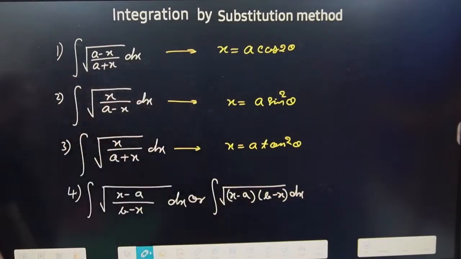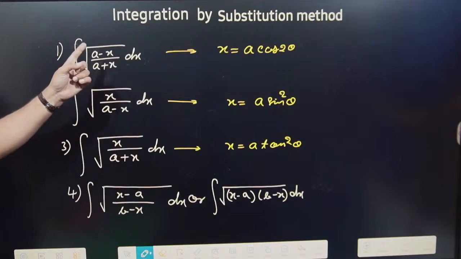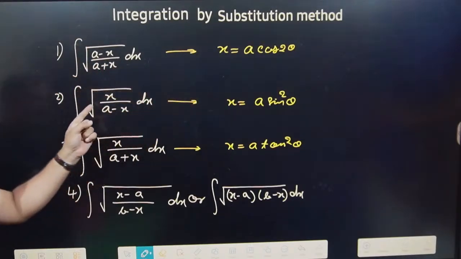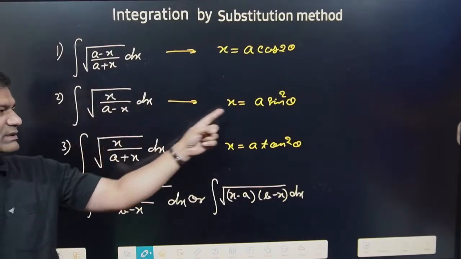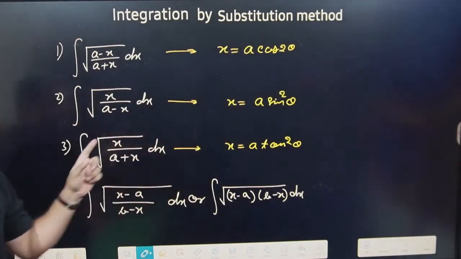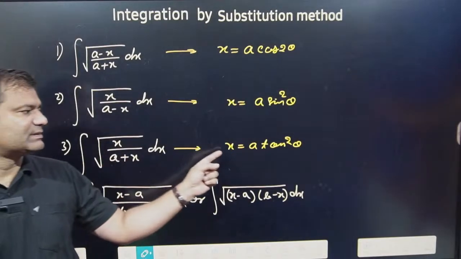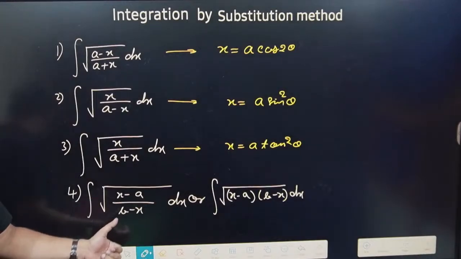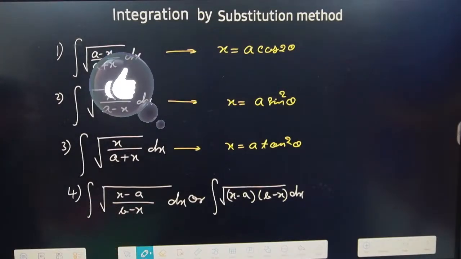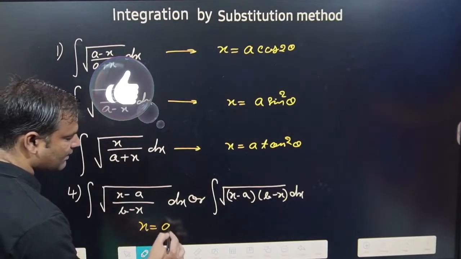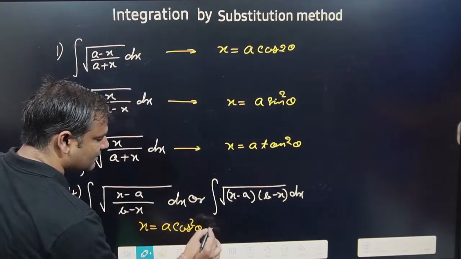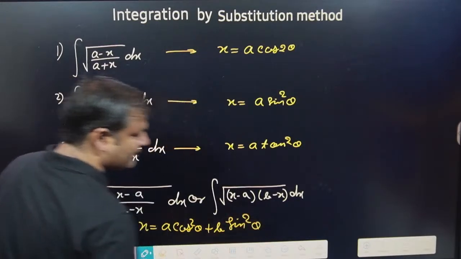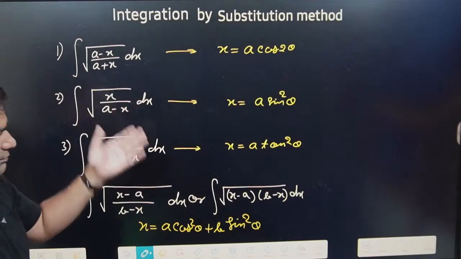Okay. Put simply, if this type of problem is given, simply take x equal to a cos 2 theta, and here if this type of problem is given, then always consider x equal to a sin square theta, and if this type of problem is available, then x, consider a into tan square theta, and if this type of problem is available, then always consider x equal to a cos square theta plus b sin square theta, and then you can also solve it.